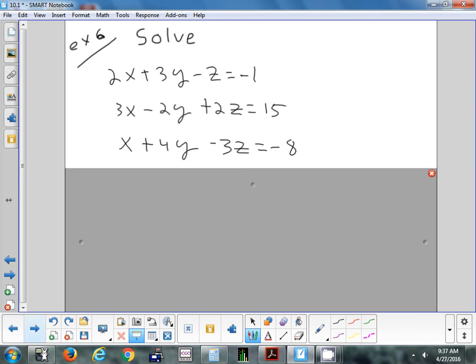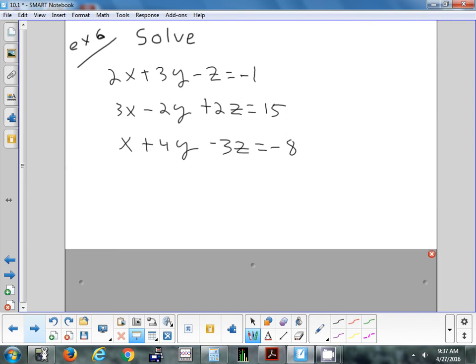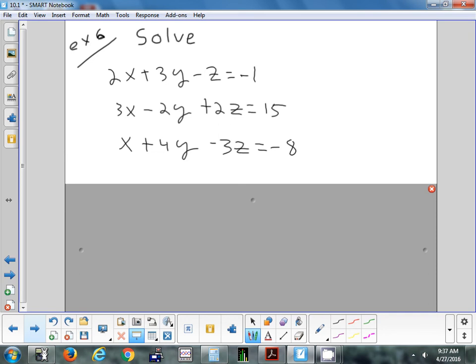All right, so we got three equations and our three variables, x, y, z. Okay, before we start, when you have two equations and two variables, what were the shapes we were graphing? They turned out to be what? Lines. Okay.